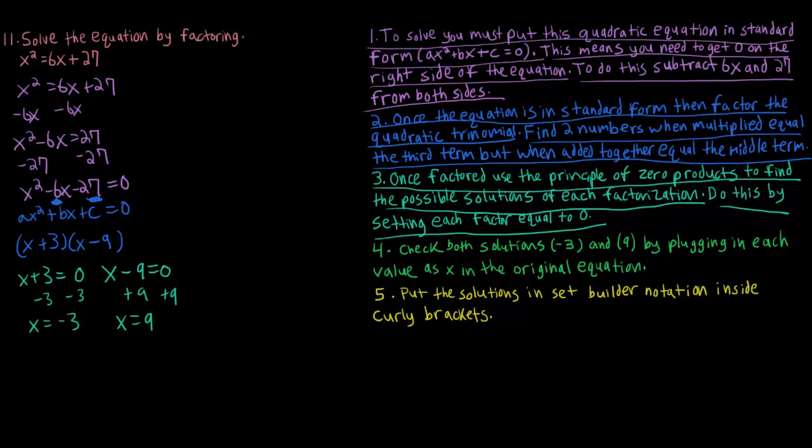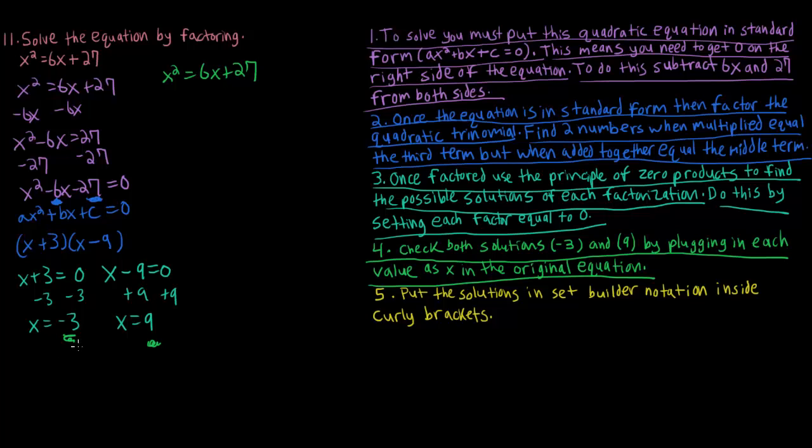And step 4, we want to check both solutions, -3 and 9, by plugging each value in as x in the original equation. So we want to take our original equation, x squared equals 6x plus 27, and plug in -3 and 9 to make sure that doing that yields true statements, which will let us know that these are indeed solutions.